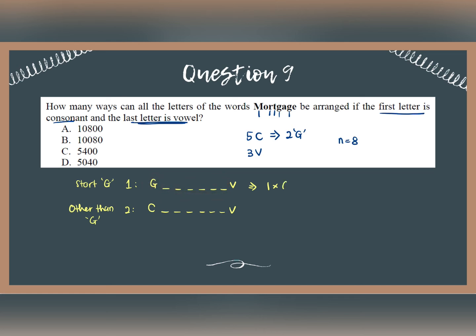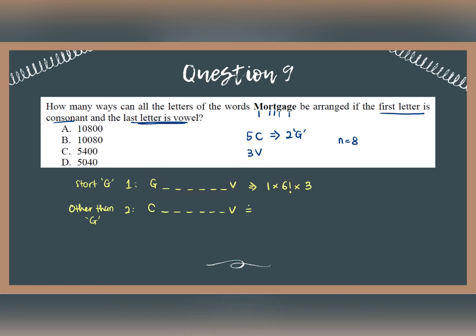Multiply by vowel, kita ada 3 vowel. So dia akan jadi 3 kat belakang ni, ataupun kita boleh guna 3P1. Kenapa sini 6 sebabnya satu huruf dah dekat depan, satu huruf dekat belakang. So the remaining kat sini akan jadi 6 digits lah, consonant termasuk vowels. Alright, so ini yang pertama.